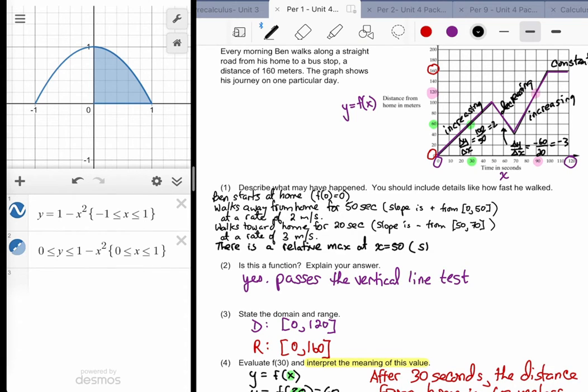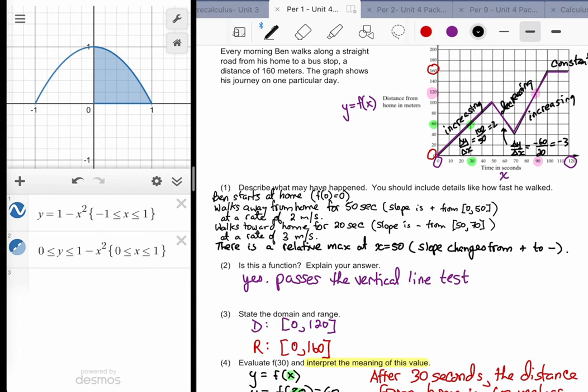Slope changes from positive to negative. If you ever have a sign change in slope, that means you have a relative extremum. Increasing to decreasing, or slope going from positive to negative, that indicates a relative maximum.